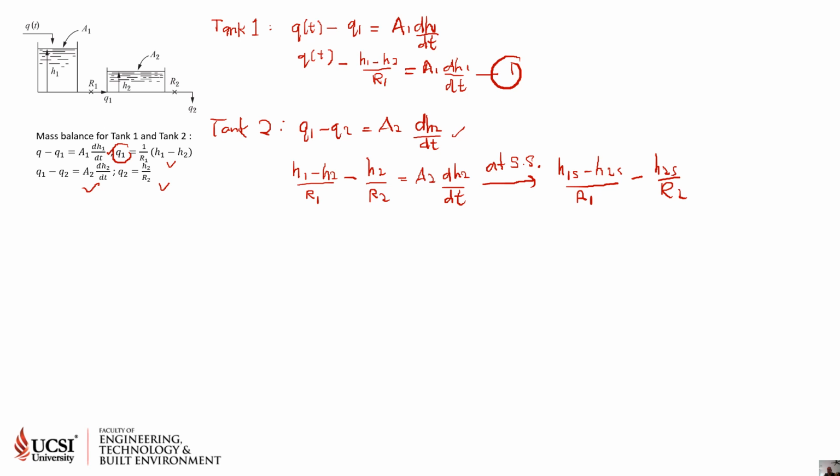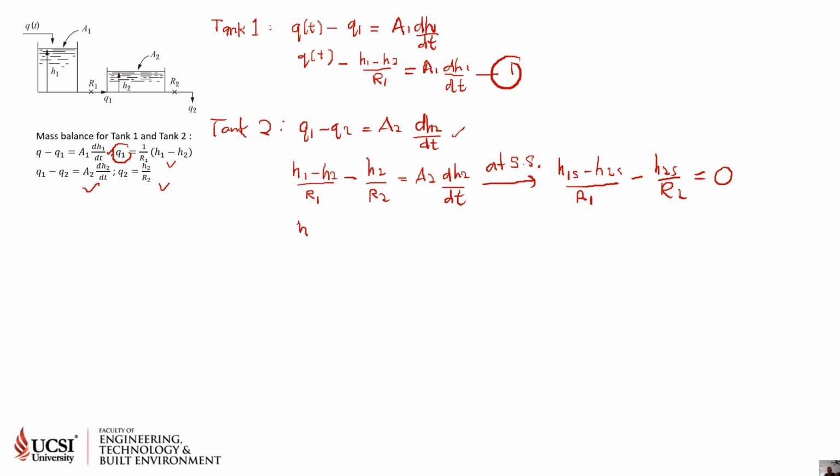At steady state, dH over dt is equal to 0. There is no change at steady state. So I can rewrite this again to consider the deviation variables.